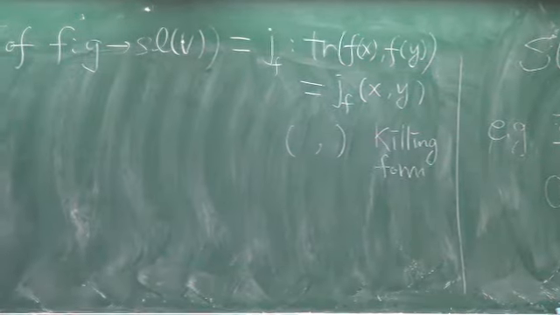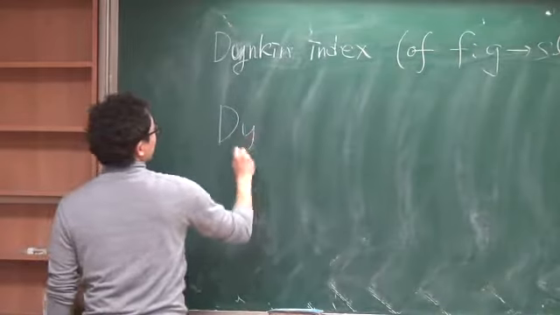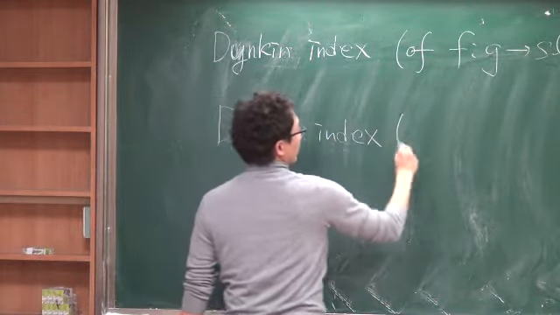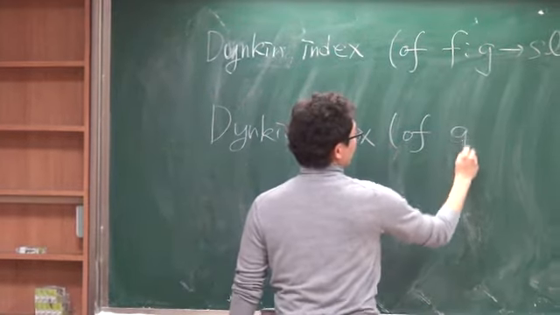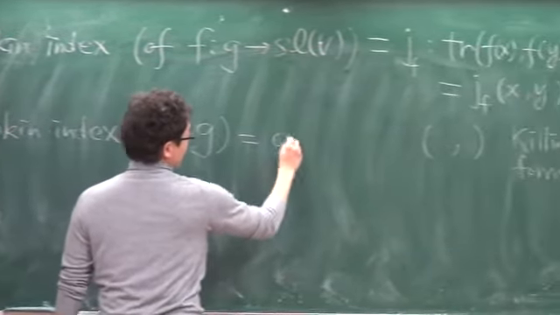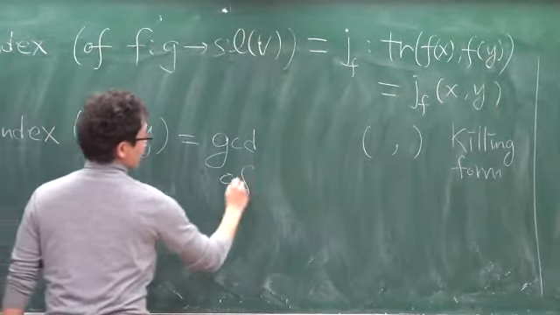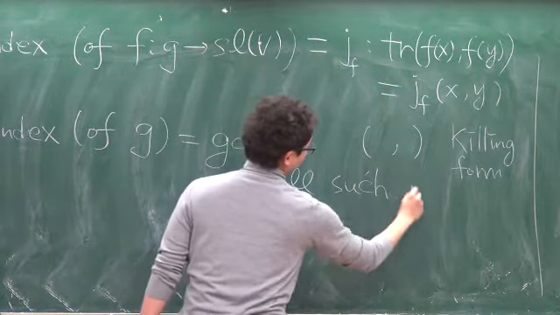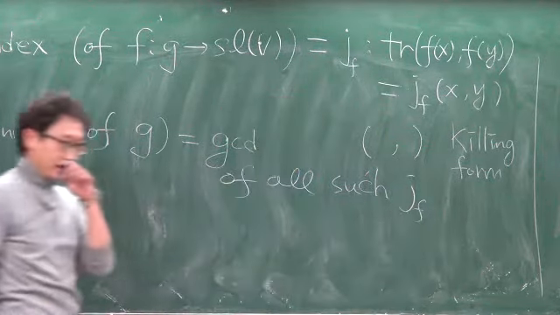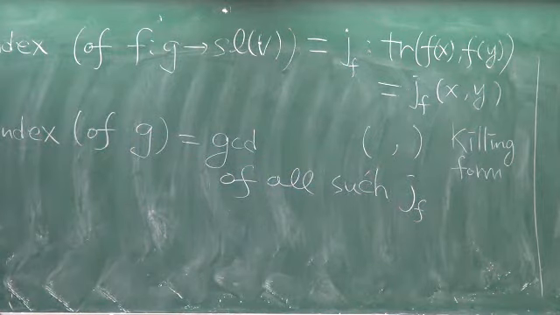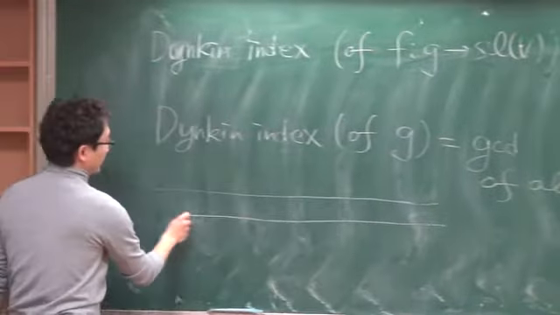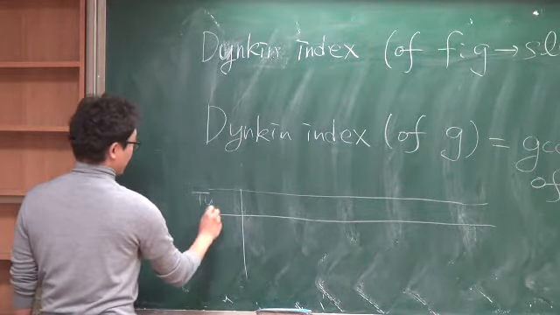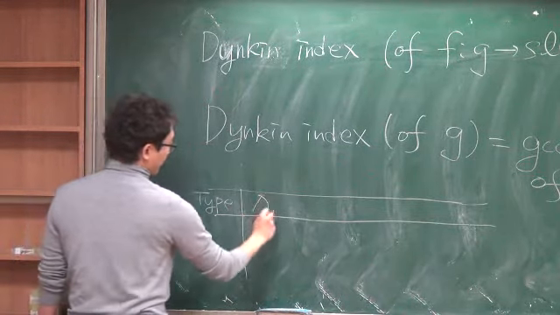And the Dynkin index of any Lie algebra G is the GCD of all such j_F. And he computed the Dynkin index for any type of root system.